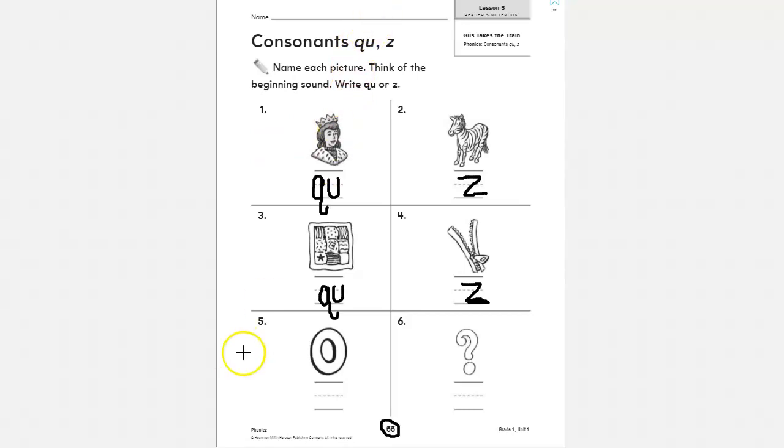So on number 5, let's look back. We had the number 0. For number 5, does 0 begin with the qu or the z sound? For number 5, we should have put the Z for the Z sound in 0. And on number 6, for our question mark, did we put a qu for question mark or a Z for question mark?